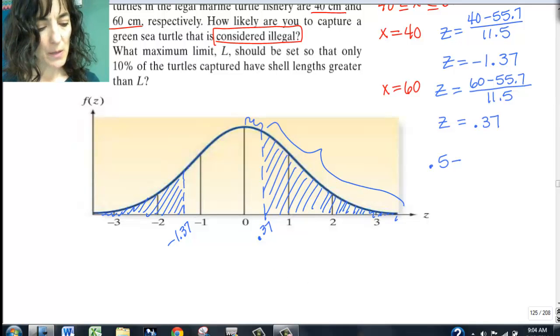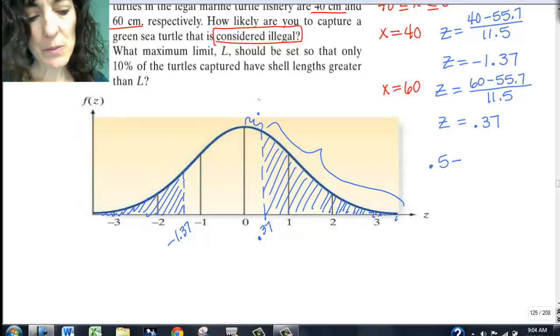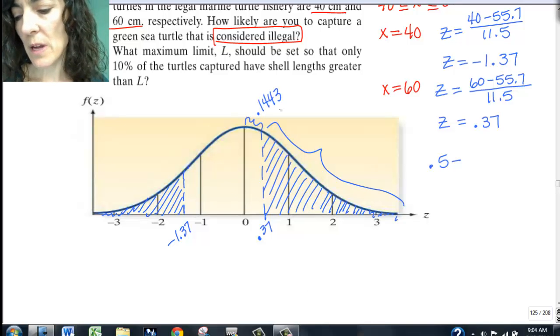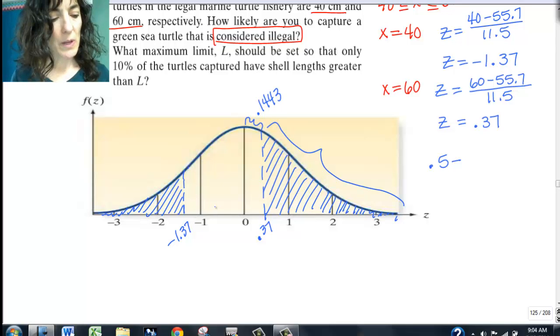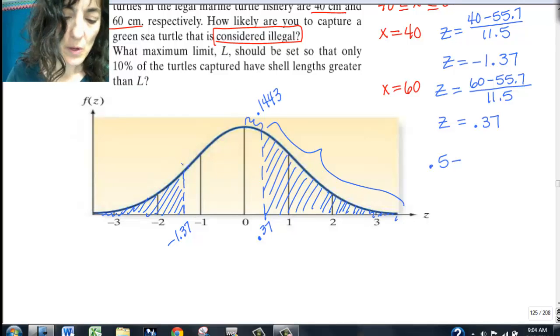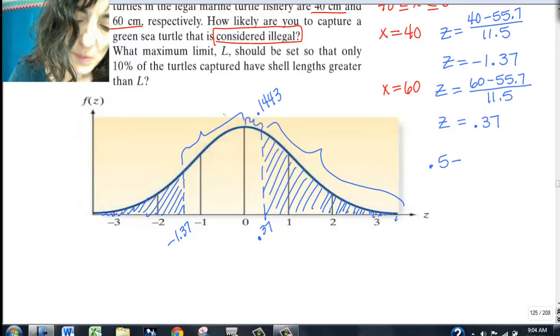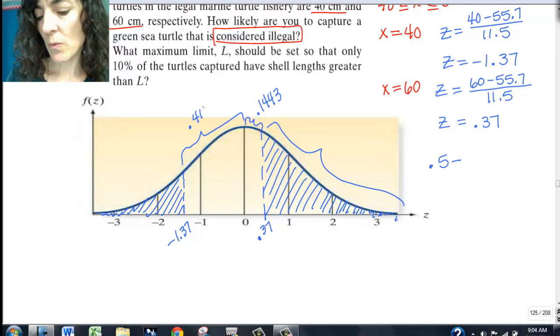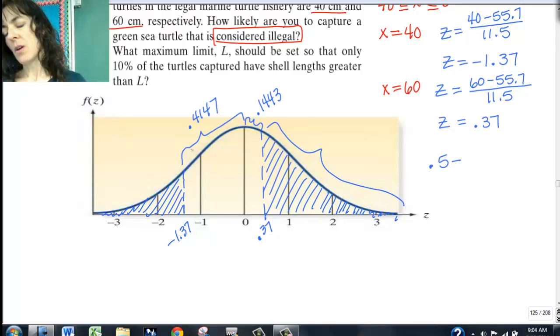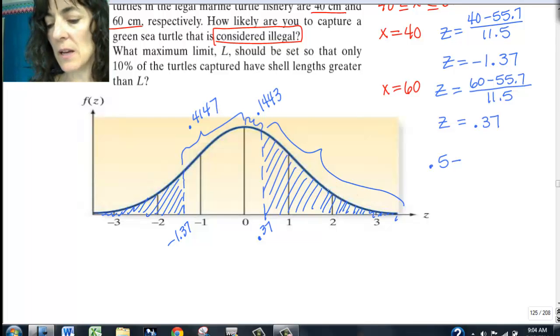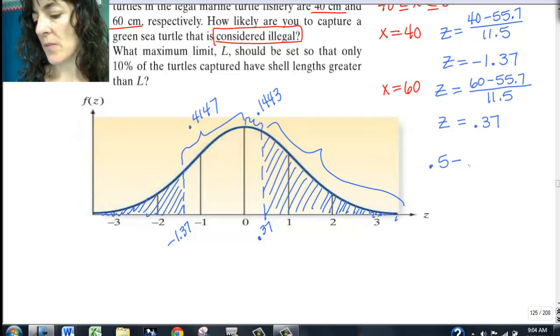I'm looking at my table here, and this piece here is 0.1443. And I'll do the other one while I'm at it, the negative 1.37, and that'll give me this piece here, so that's 0.4147.